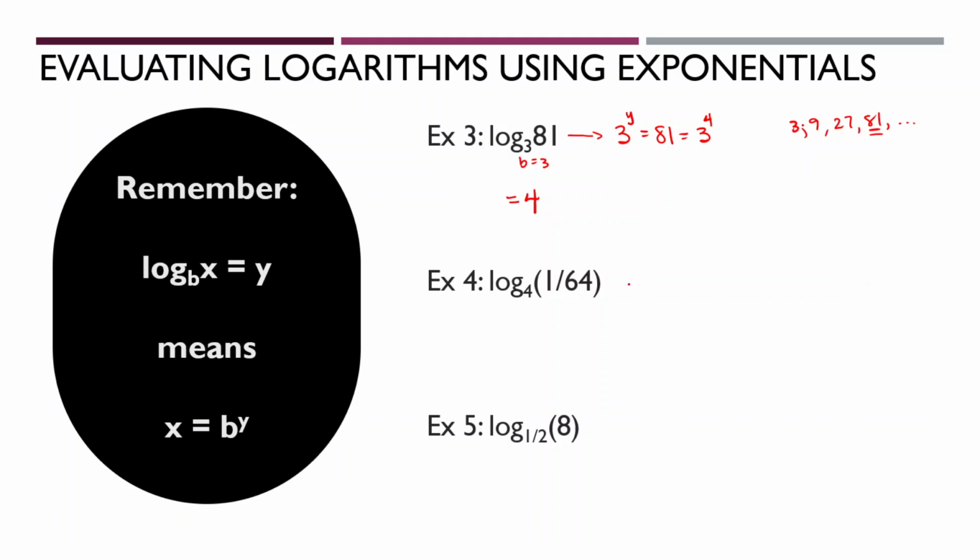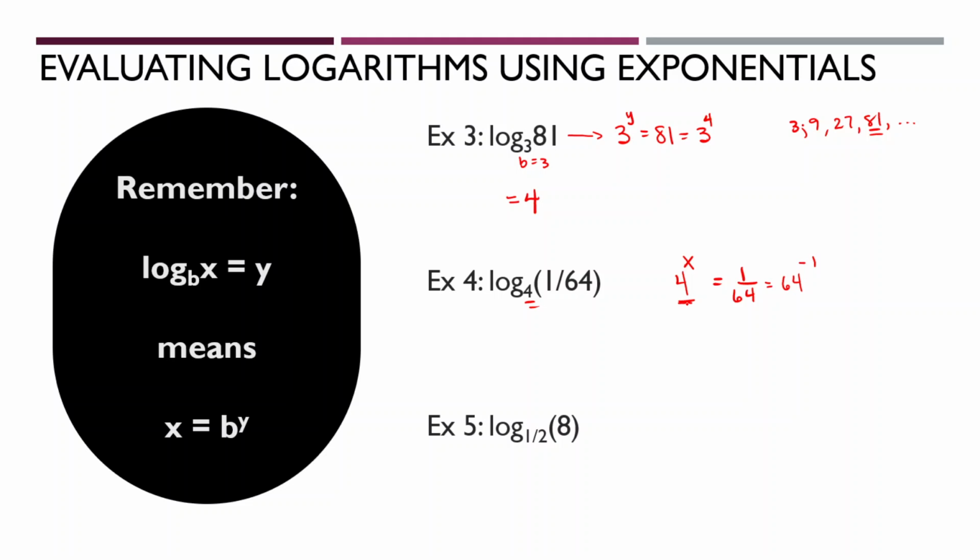Okay, in example 4, the base is 4. 4 to some power will equal what I was taking the log of. Now, one thing I notice here is that the 64 is in the denominator. So that simply tells me that my exponent is going to be negative.